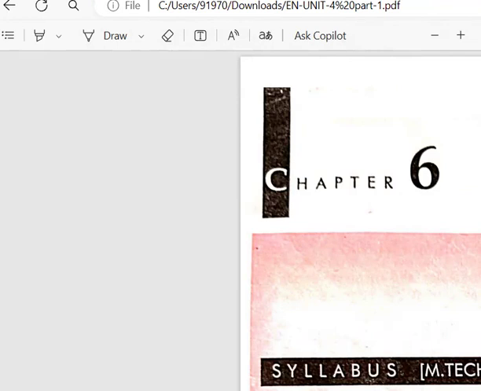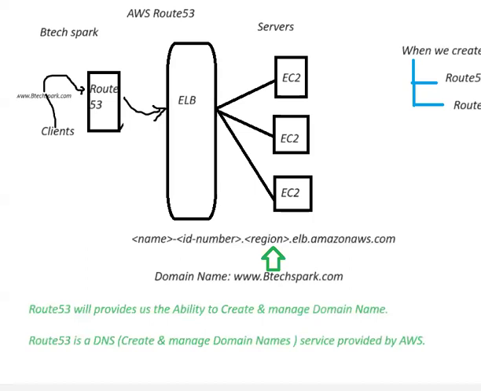Yeah. You can see I opened my Edge and typed this so that I can access it because it is present in my system, because it's privately hosted for me. Now I hosted my btechspark.com website. What do I expect? Do I expect this website to be accessed only by me or by all the clients? I want to provide my service to all the clients, so I need to put it in a public hosted zone, not a private hosted zone.